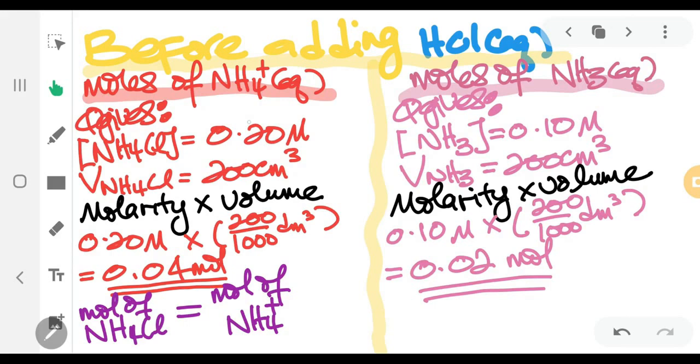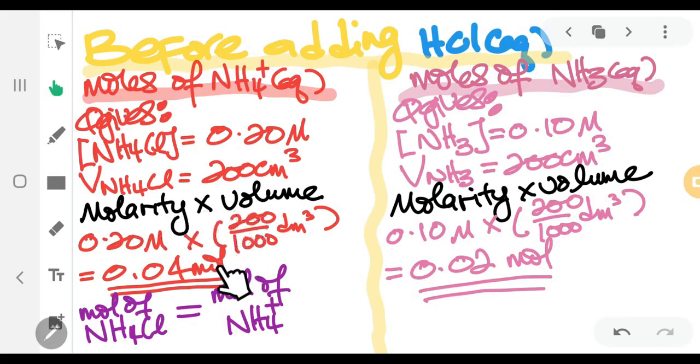So the first step is, before you add the hydrochloric acid, we have to figure out the number of moles of NH4+, like what we have done in the first question. You're going to find the moles of NH4+ from the concentration of the salt solution, using the formula molarity times volume.